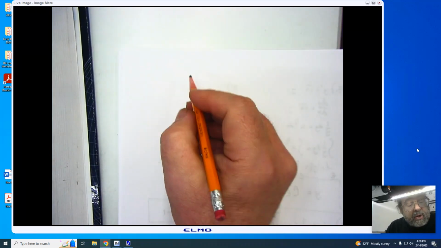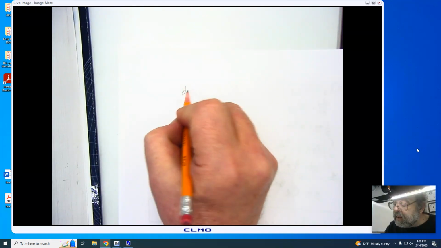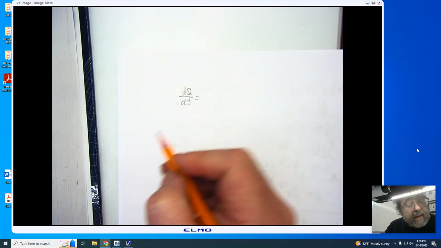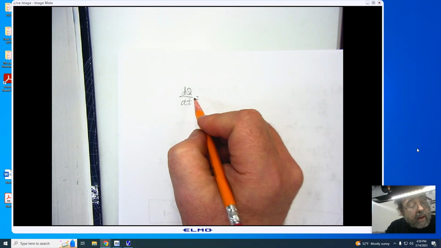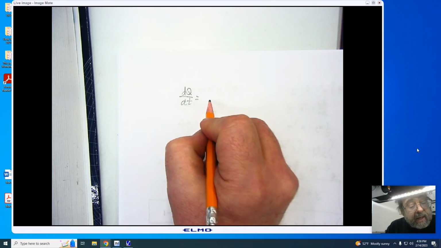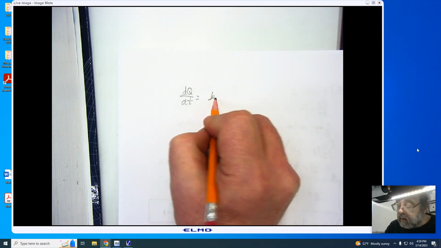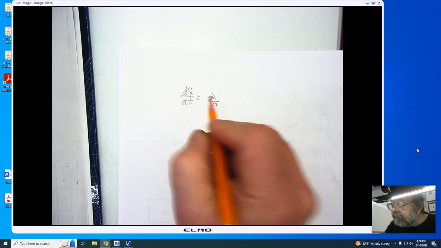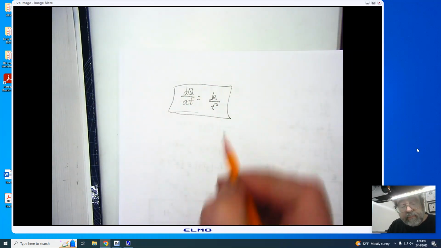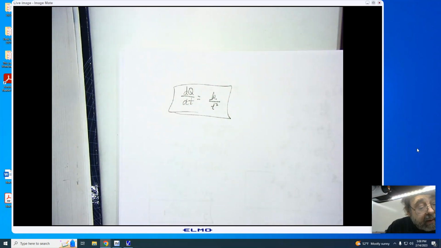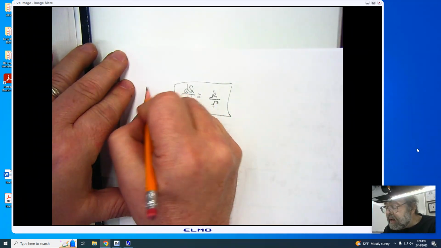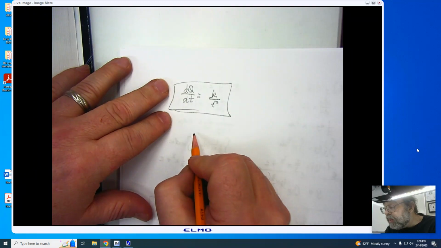All right, now we talked about that in class. The rate of change of q with respect to t, dq/dt equals, because it's a rate of change, proportional, and it is inversely, we have k divided by the square of t, t squared. This is what we're looking for. Now, if I were trying to solve this differential equation in number 11, I'm going to separate my variables.